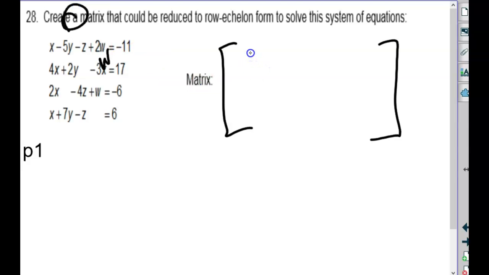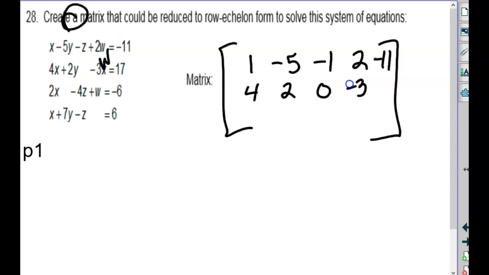Somebody read it to me real fast. 1, minus 5, minus 1, plus 2, plus 11. 4, plus 2, plus 0, minus 3. 17. 2, 0, 84, 1, 86, 1. Hang on, I made the matrix a little bigger.